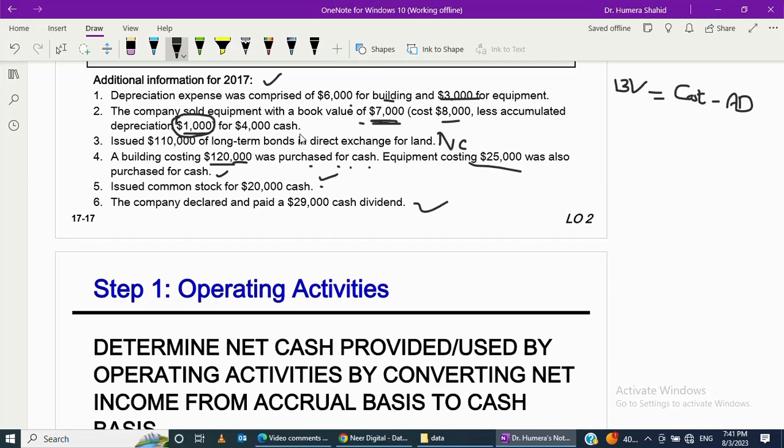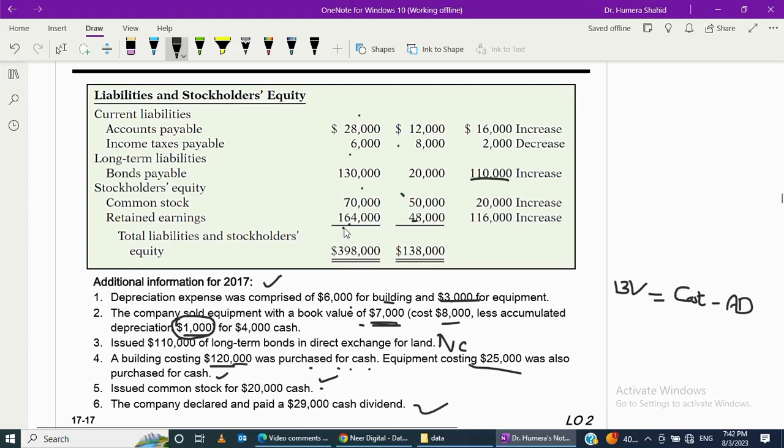Now retained earnings, if you see, they are increasing. A few chapters back we prepared the statement of retained earnings, and we know that retained earnings is affected because of net income and net loss. It is also affected because of dividends, right? Dividend decreases the retained earnings, net income increases the retained earnings.